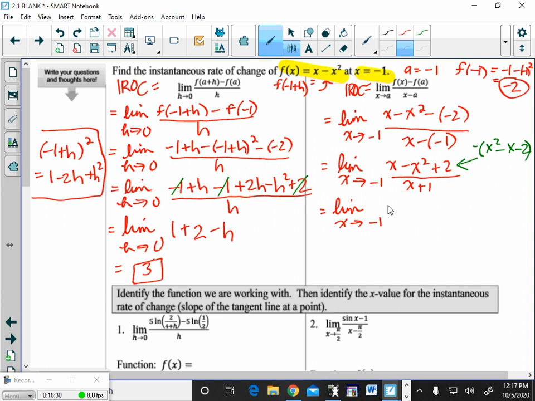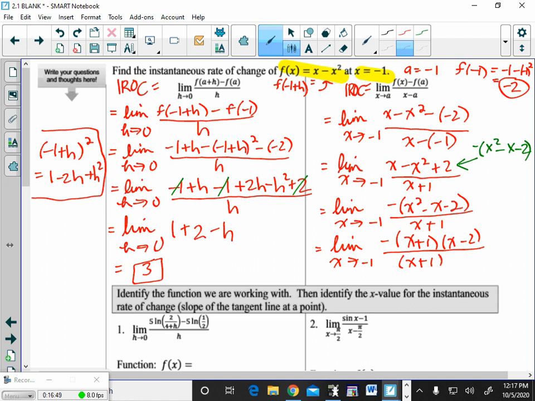And we can put the opposite of x squared minus x minus 2 all over x plus 1. Let's factor that numerator. And that's the opposite of x plus 1 multiplied by x minus 2 all over x plus 1. And now that we remove this denominator, which is where the problem was, and we plug -1 in, we get a negative, the opposite of -2, and that's a positive 3.